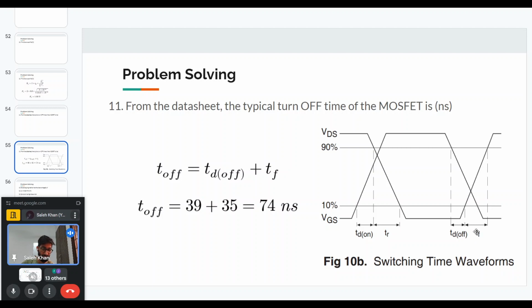That is TF. So the sum of these two is your turn off time. If you find this from the data sheet, it will be 39 plus 35 nanoseconds, which is 74 nanoseconds. And we are told to give the typical turn off times.